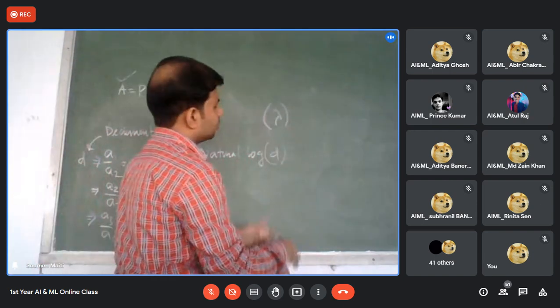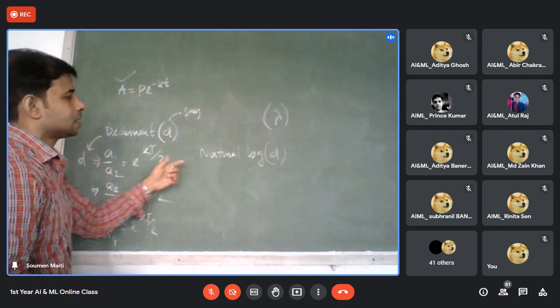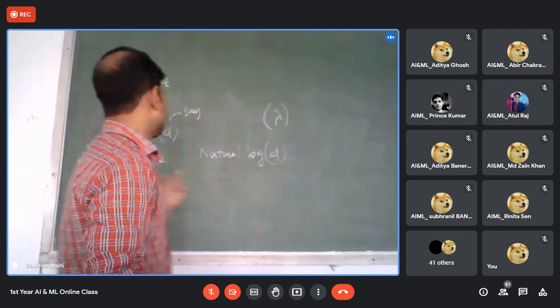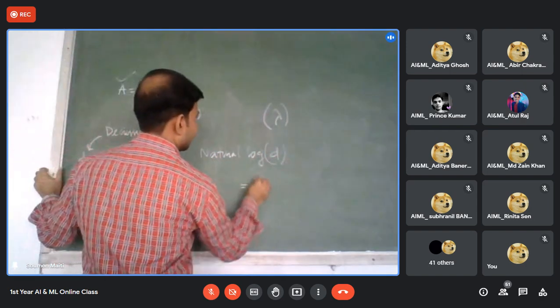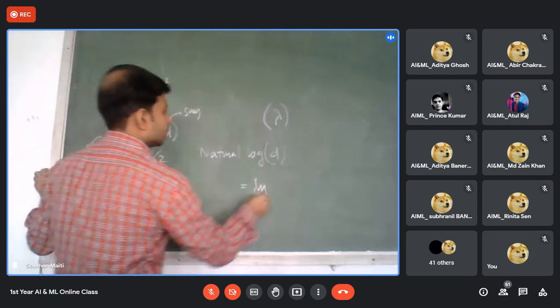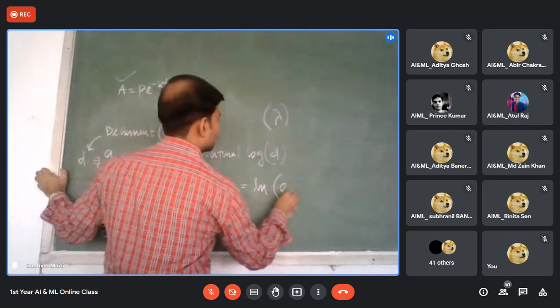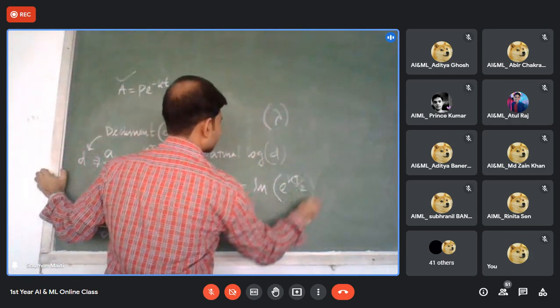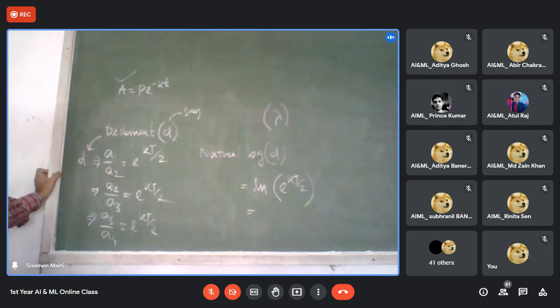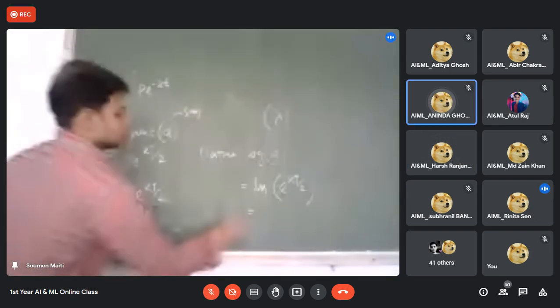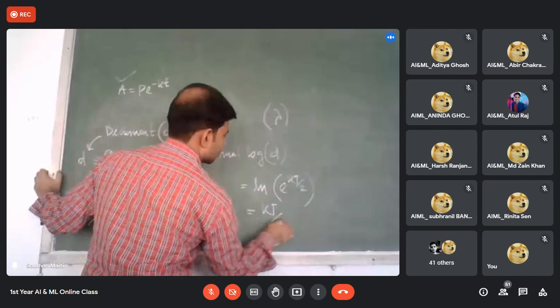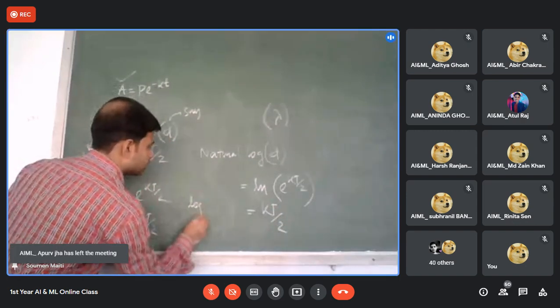The logarithmic decrement is the log of this one. If we take ln of the decrement, what is the decrement? It is e to the power KT by 2. Then this is KT by 2. So this is called the logarithmic decrement.